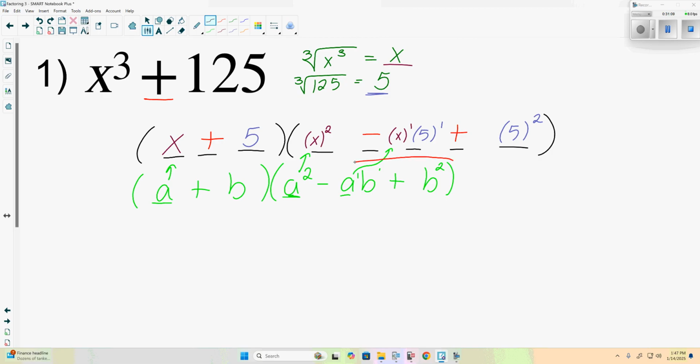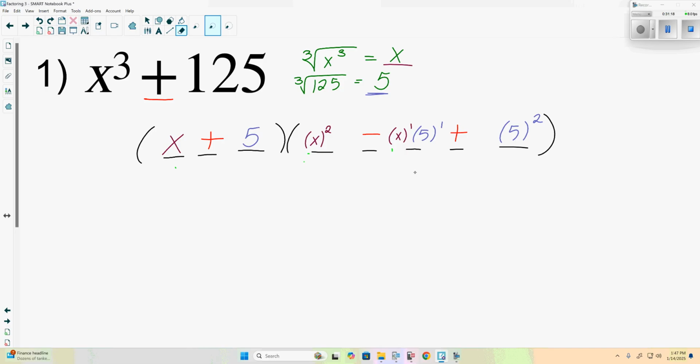So we have one last thing to do, which is simplify. I'm going to erase this here. Now the x plus 5 doesn't need to be simplified. That is as simplified as it gets. Our x squared is just going to be x squared. We multiply it by itself.